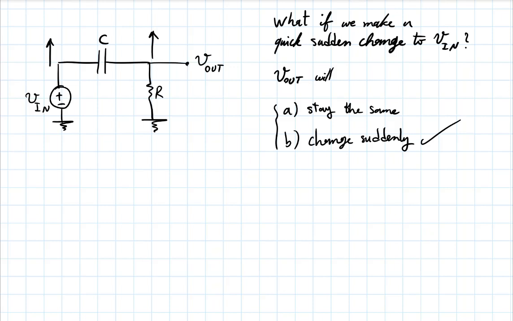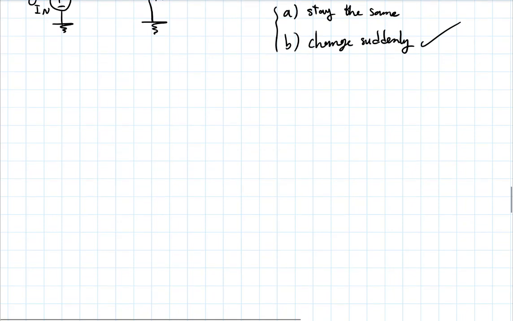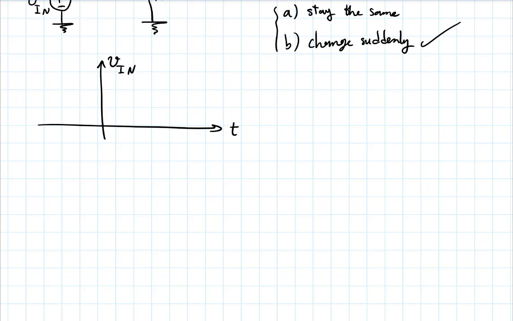Now imagine I keep changing V in back and forth, up and down. Imagine this is V in with time. If I don't make just one sudden change, but I kind of change it like this, back and forth.